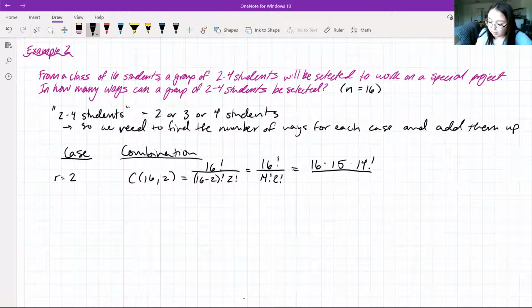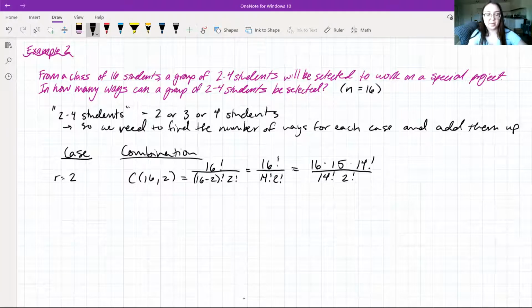Then in our denominator we have 14 factorial times 2 factorial. So we have a 14 factorial in the numerator and a 14 factorial in the denominator, and just like a regular value, we're just going to cancel them.